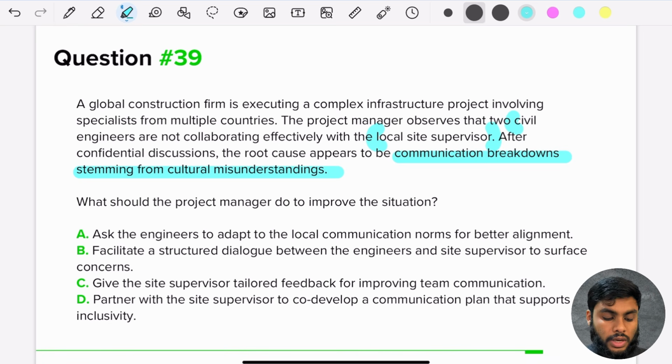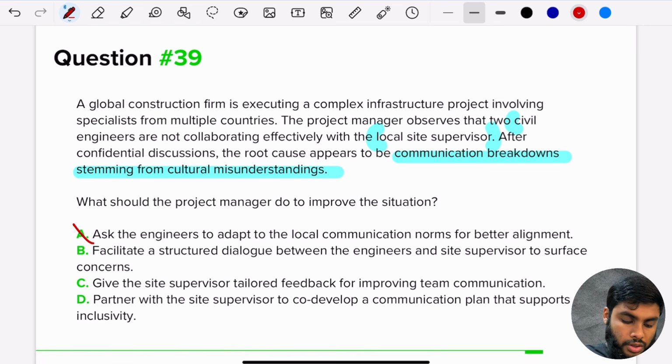Facilitate a structured, I like the word facilitate. Facilitate, good word for servant leadership. A structured dialogue between the engineers and site supervisors to surface concerns. Yes, I like that. Principle number 1, taking a step back. Let's see what else there is. So we're going to eliminate A because it only involves the engineers.